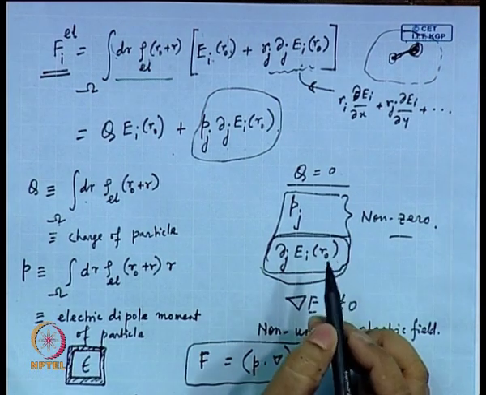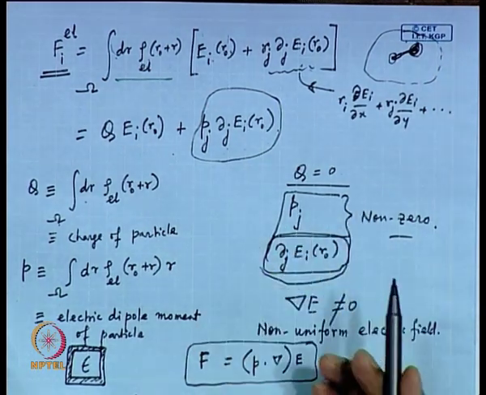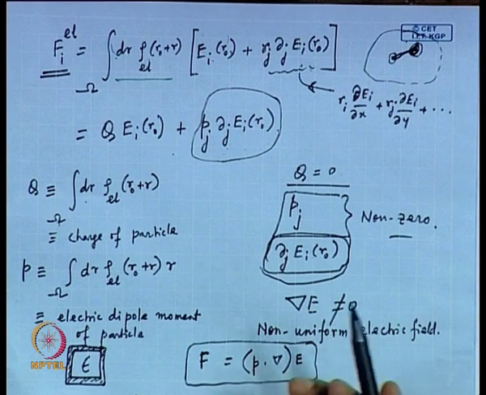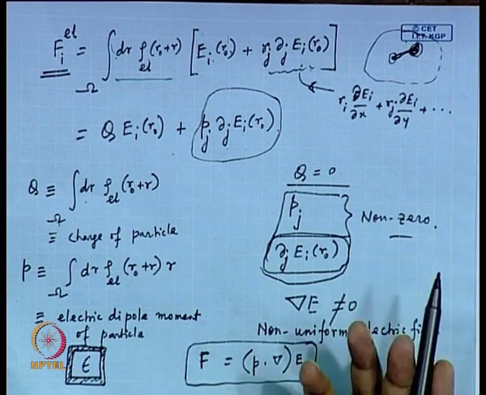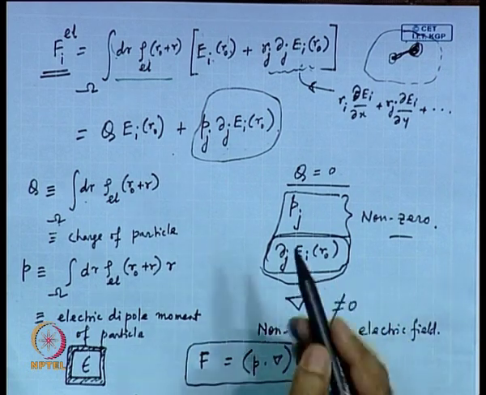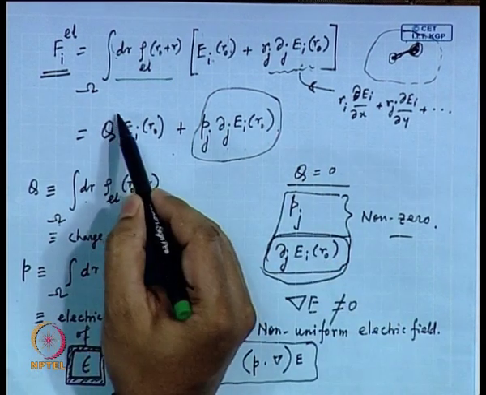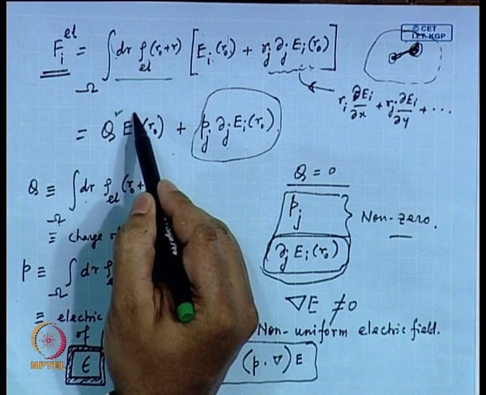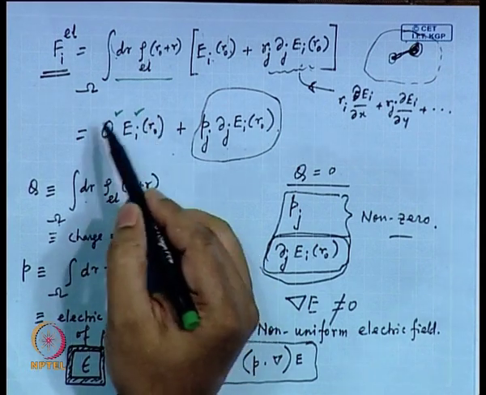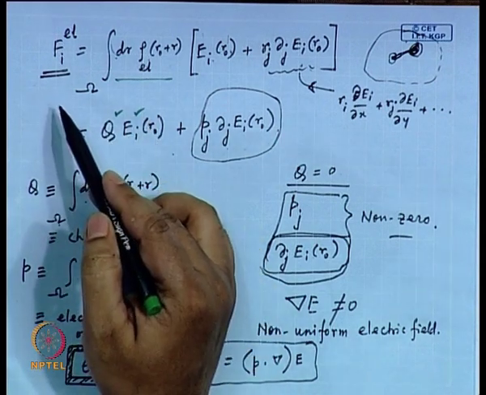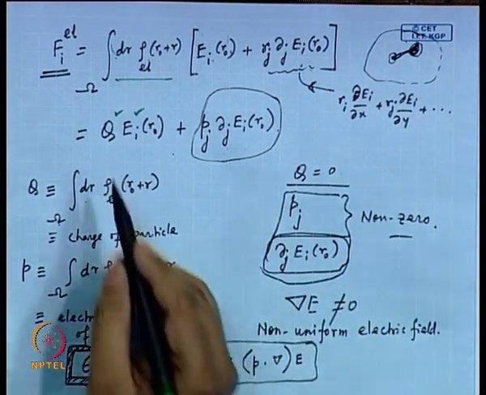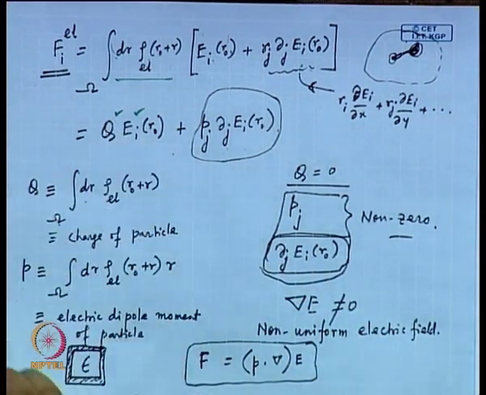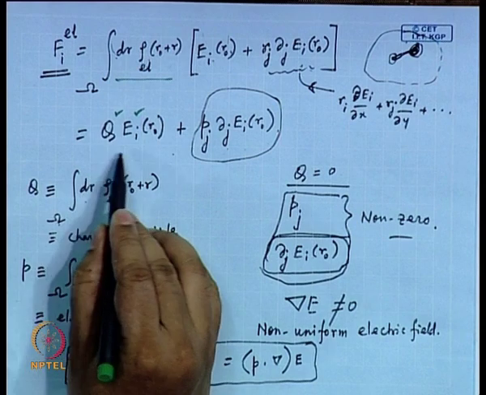Now, in the cases we had done before, say electroosmosis and other places, we had this Q present, we had this Ei present, and they contributed to the force. But in this case, at the very outset we said Q is equal to 0, so this term is 0.